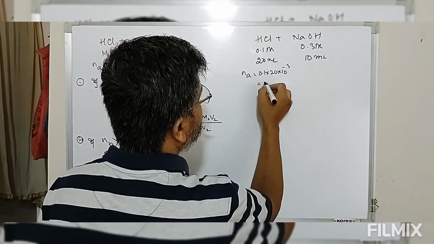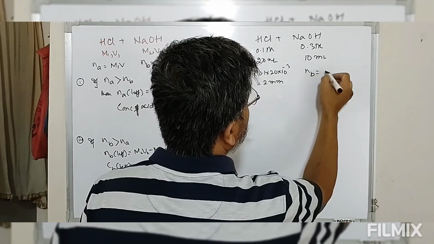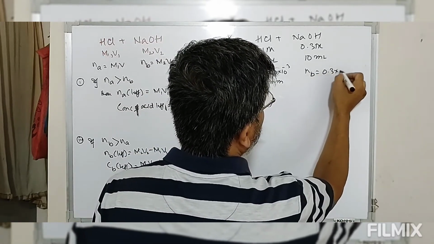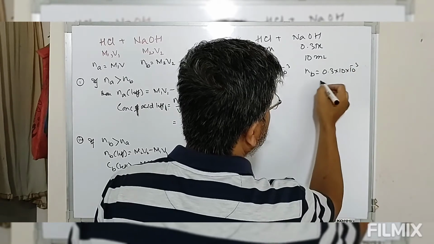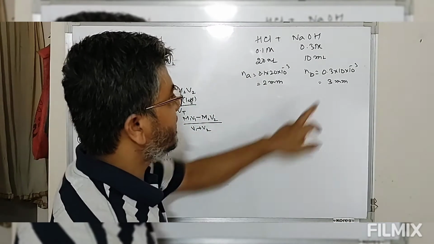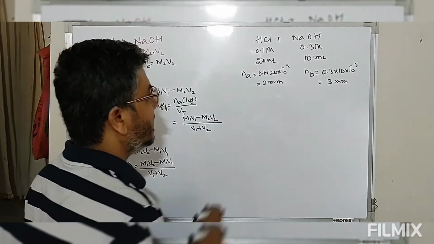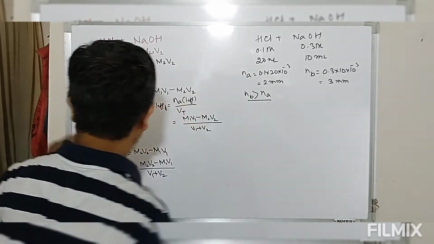So we can say this is 2 millimole. The number of moles of base is equal to molarity into volume into 10 to the power minus 3. Minus 3 is milli, so we have 3 millimole. If you look at this, the quantity of base is greater than the quantity of acid. So the number of moles of base is greater than the number of moles of acid.